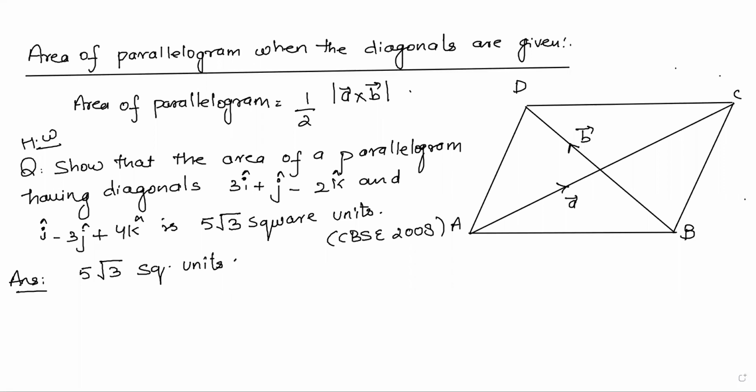For area of parallelogram, we have two formulas. When the adjacent sides are given, I have given you the formula last week. When the diagonals will be given, you have to use this formula.